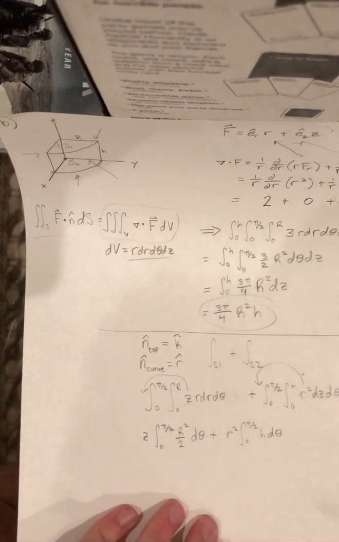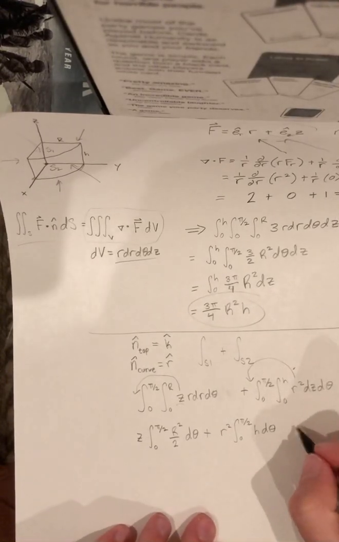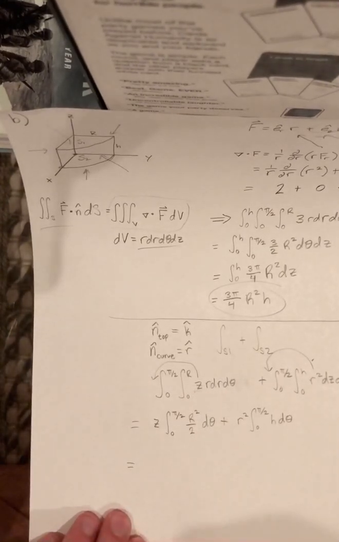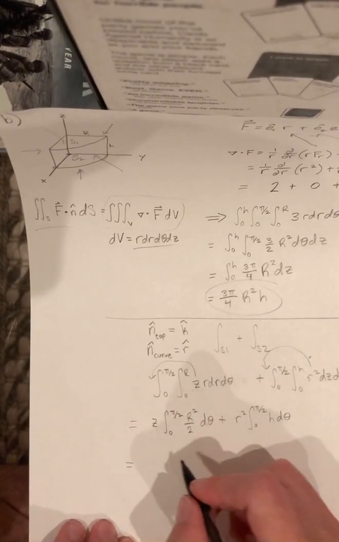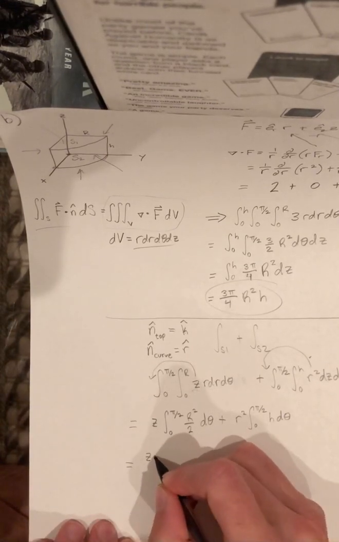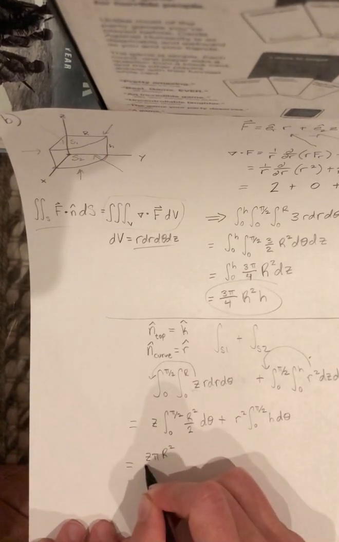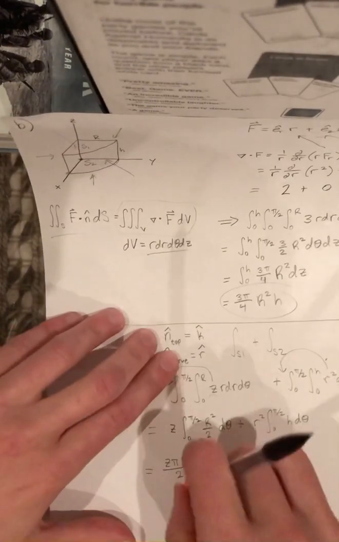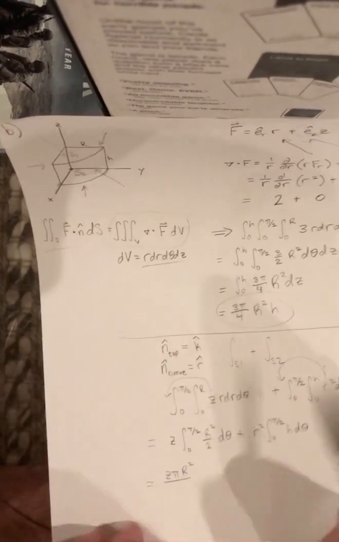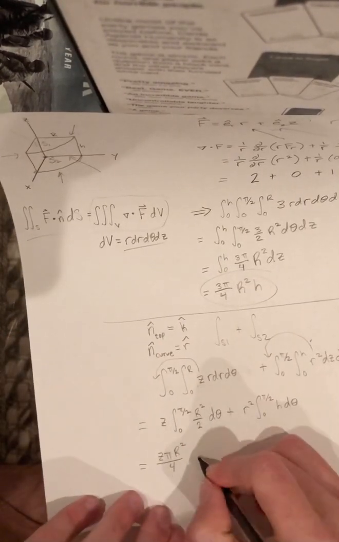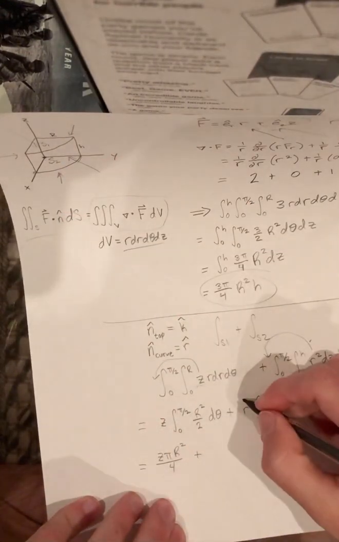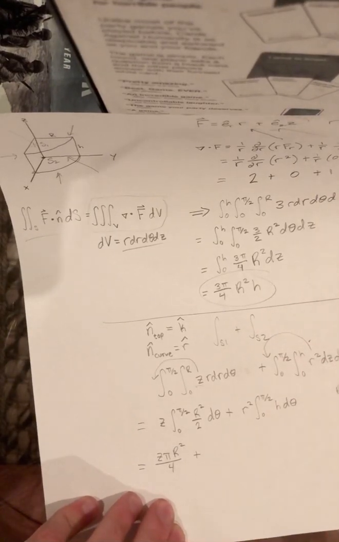Realistically, we could also pull out this r and this h. So this is eventually going to turn into z pi r squared over 2, or excuse me, over 4, plus, we're going to substitute big R in for little r here because it's going to be constant.